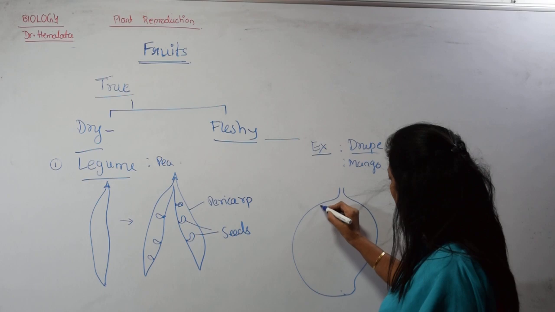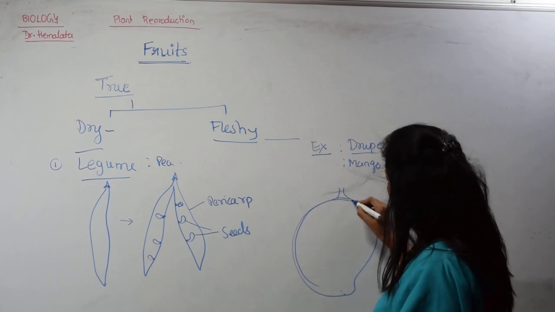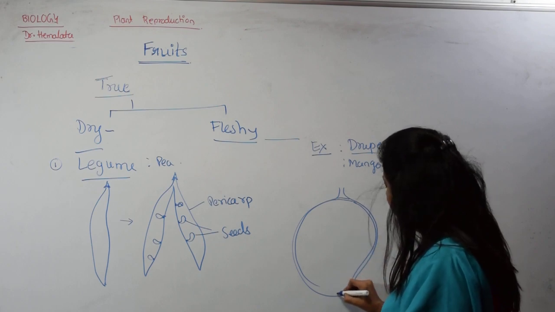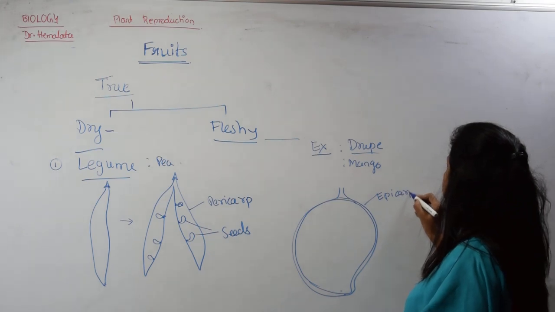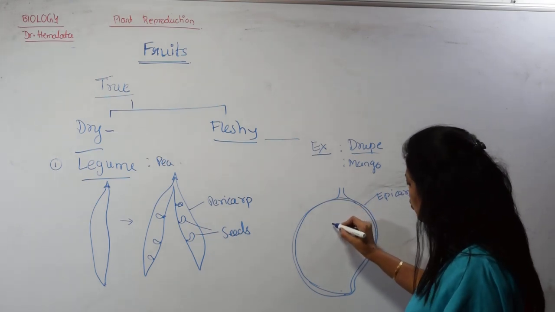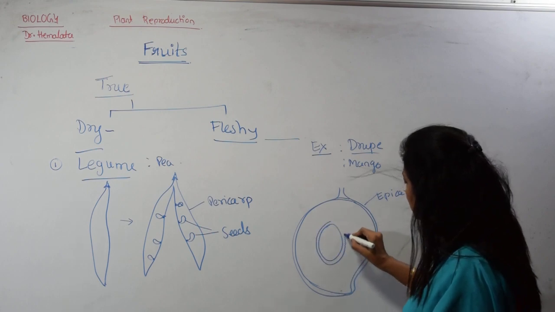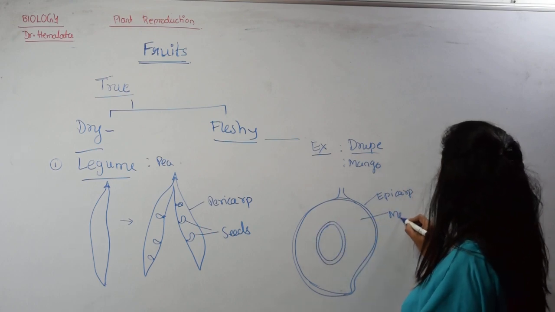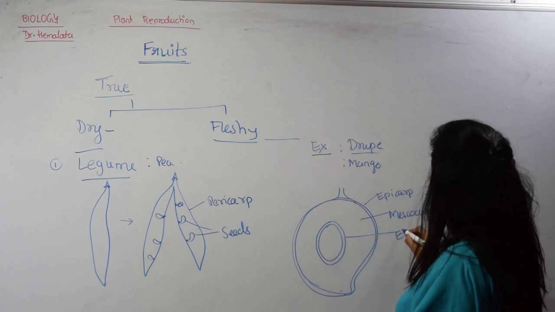The outermost layer, the green colored part, is the epicarp. The middle one is the mesocarp and the inner one is the endocarp. This is the seed. Okay, this is the mesocarp and this is the endocarp.